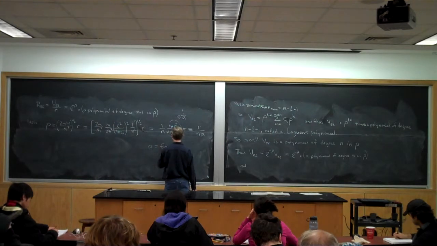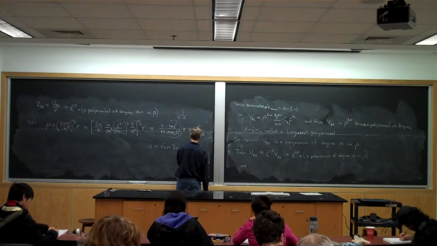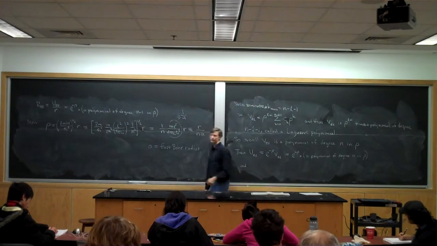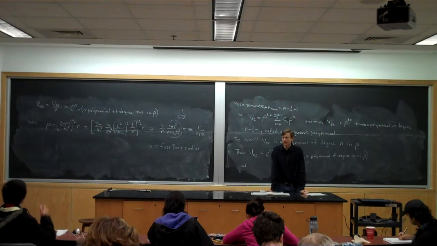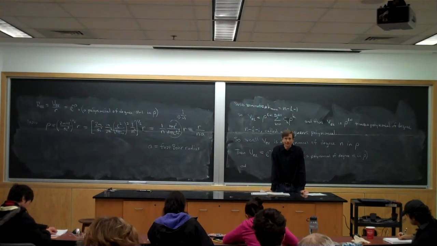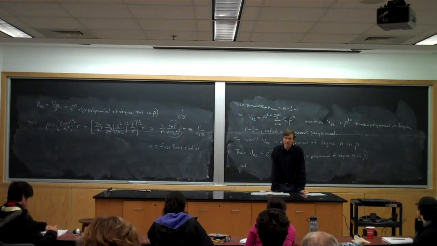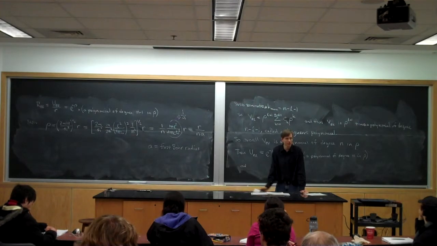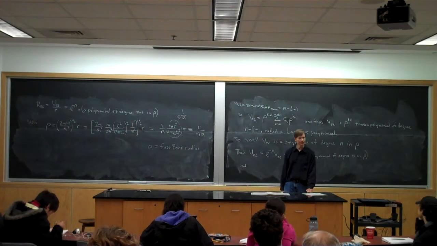A is known as the first Bohr radius. And guess what it's equal to, even though it doesn't have a right to be? It's the radius of the ground state orbit in the Bohr model. When you do the Bohr model, the radius of the ground state orbit is m e squared over 4 pi epsilon naught h bar squared.